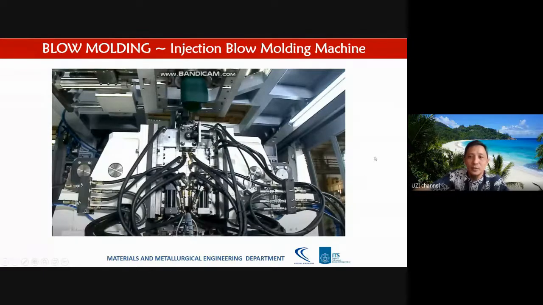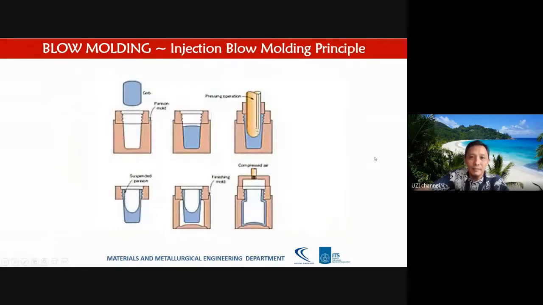Okay, let's continue to the next one. This is the principle of injection blow molding. This is the material, soft polymer. We call this the cup, and it enters into the mold. This is the negative mold. We can see it's the parison mold.